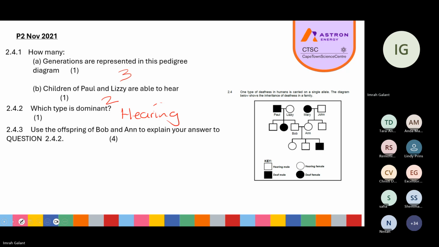So let's look at Bob and Anne and see what's happening with them. Bob and Anne are both hearing individuals. They crossed and they ended up with 2 hearing children and 1 deaf child. So let's create genotypes for these people to make it a bit simpler to understand what is going on.